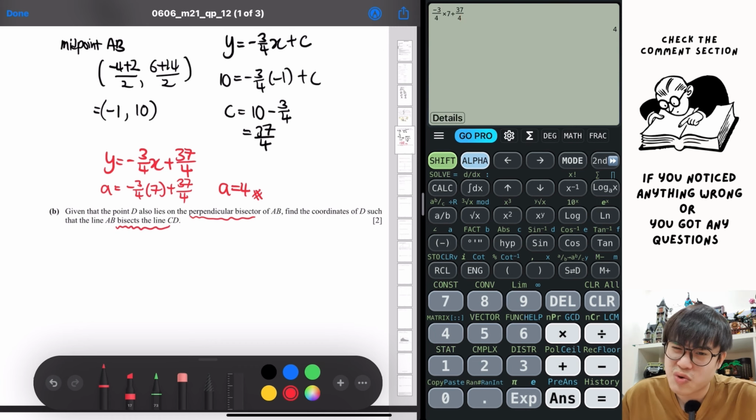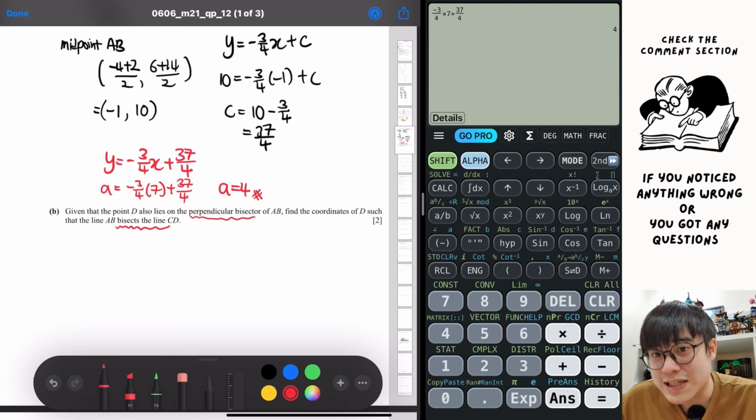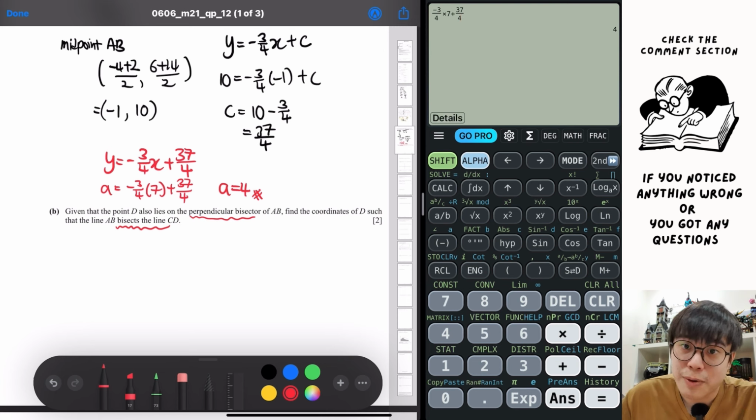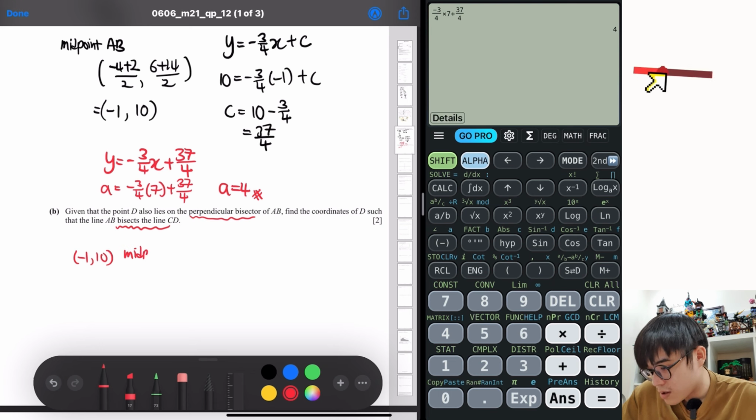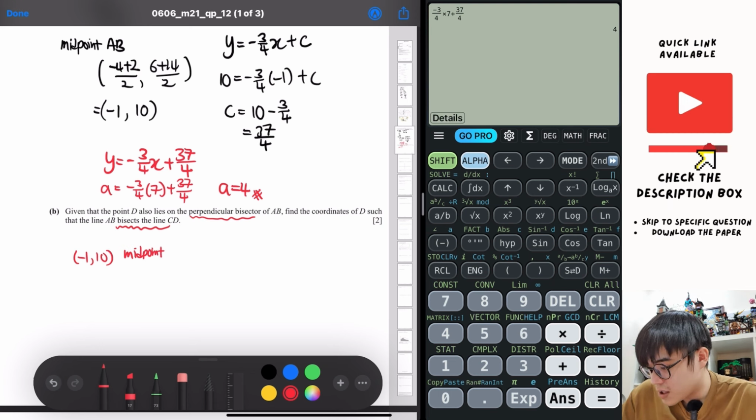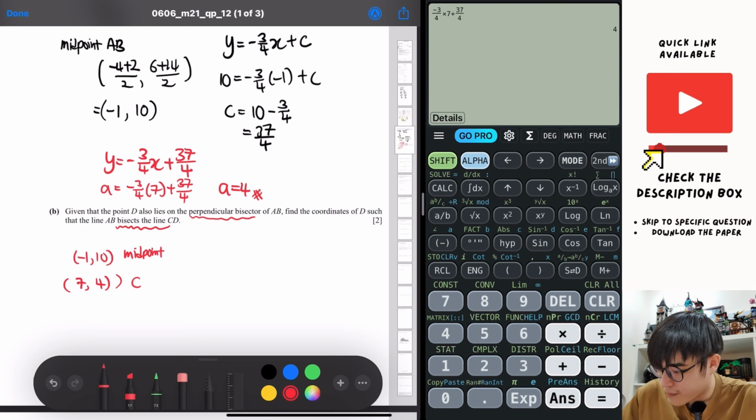So when they mention it twice, then very likely the question has something to do with the C that we identified and also the midpoint that we got. The midpoint is actually -1, 10. This is our midpoint. And our C is actually 7 and 4.